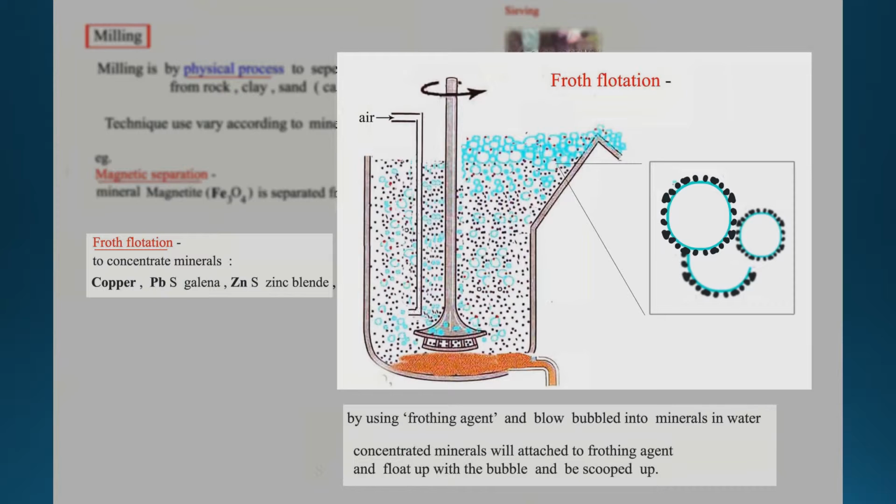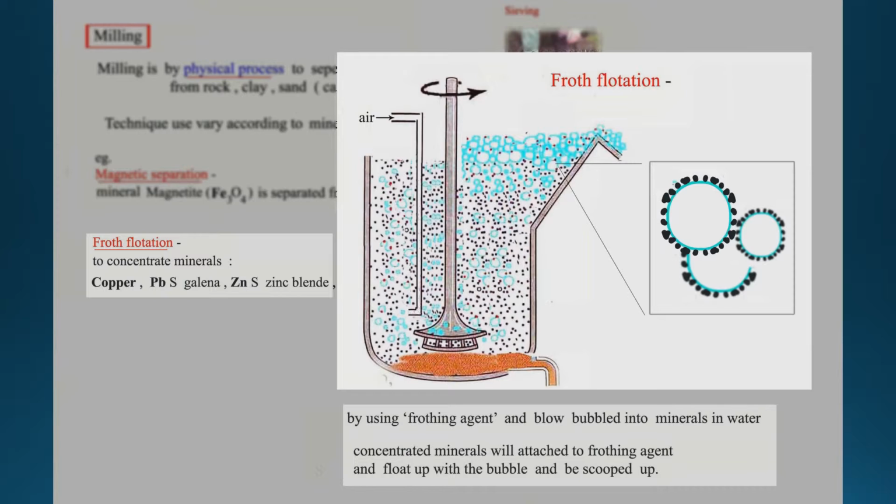So when you blow bubbles into this mineral mixture, now you will have many bubbles. And what's special about these bubbles? All the mineral will stick to the bubbles and float up with them. So you simply scoop up the bubbles, and the minerals are concentrated.